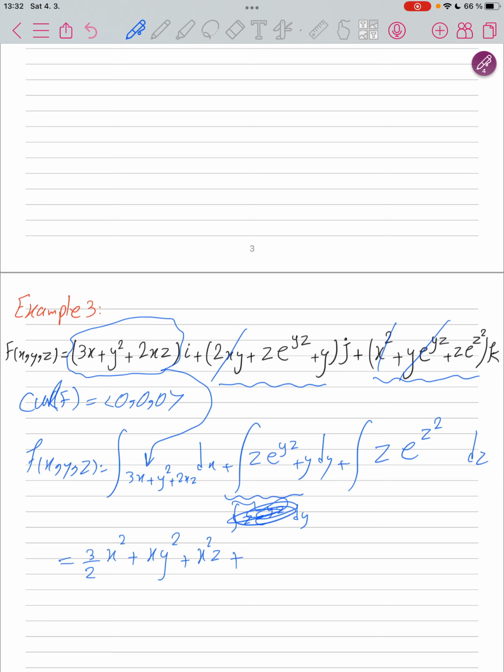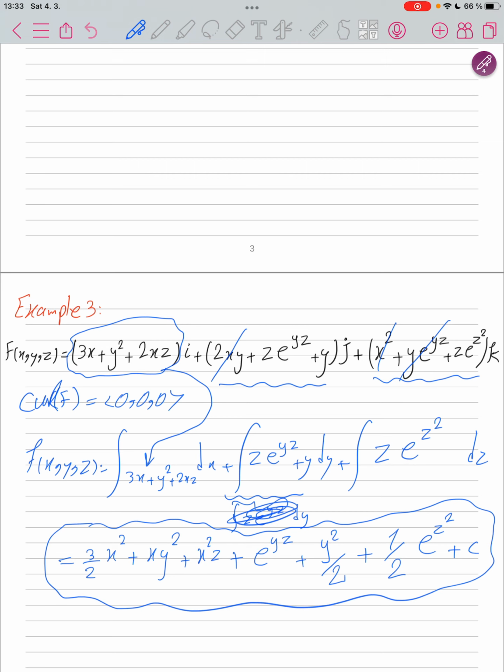How about for this? This is going to be e to the yz, right? Plus y squared over 2, right? And the last one is going to be 1/2 e to the z squared plus a true constant, right? And this is now going to be your potential function.